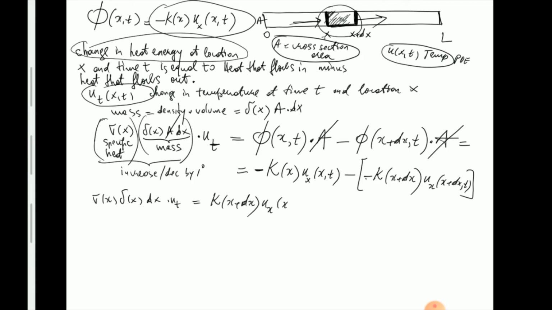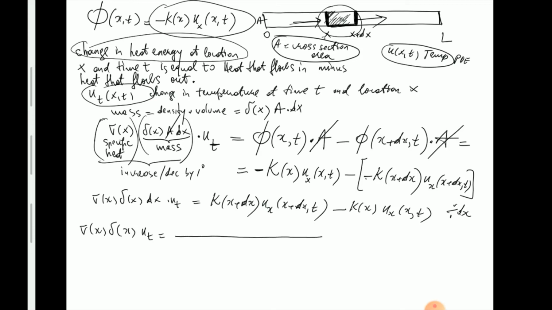u_x(x + dx, t) minus k(x) u_x(x, t). All right, so let's divide by dx both sides and pay attention to what we get on the right-hand side as dx goes to 0, because essentially we want to write this for a tiny point on the material, when those two locations are essentially the same point.